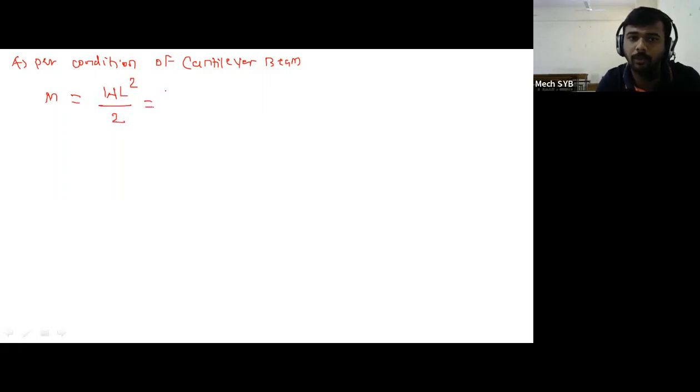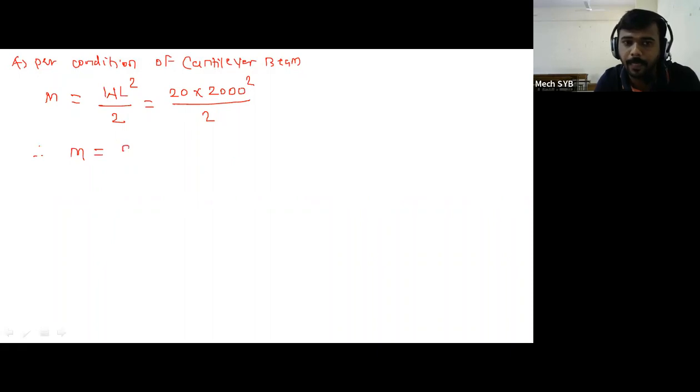What is the W value? 20 Newton per mm. What is the L? 2000 square divided by 2. So what will be the M value? 20 into 10⁻³ Newton mm.